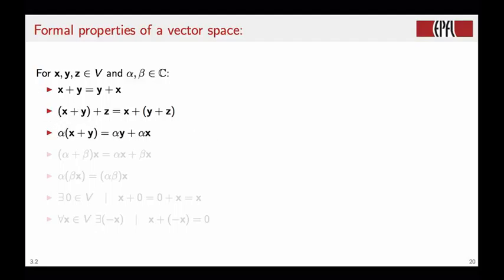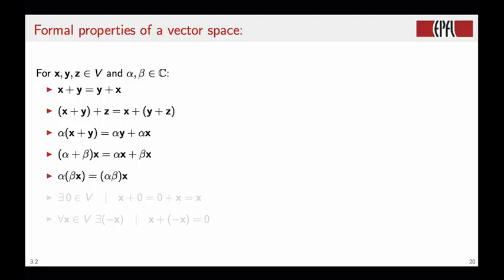Then scalar multiplication distributes over vector addition, so alpha times (x plus y) is simply alpha x plus alpha y. It's the same in the reverse order, so alpha plus beta, so that's a new scalar, times x is alpha x plus beta x.